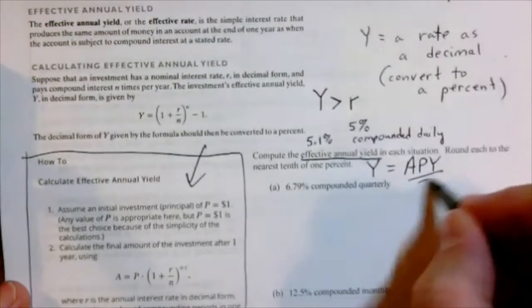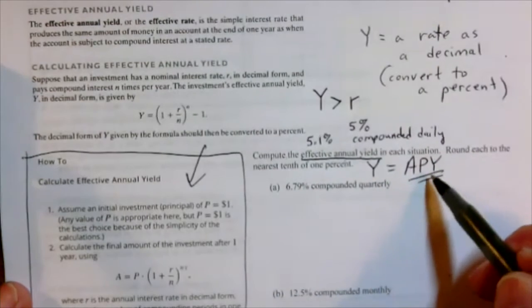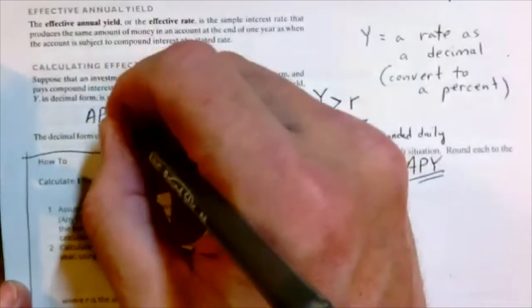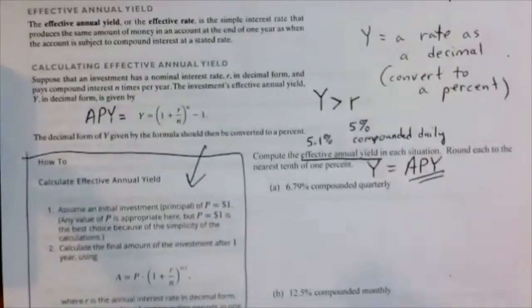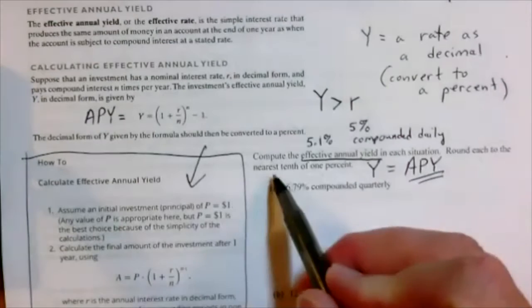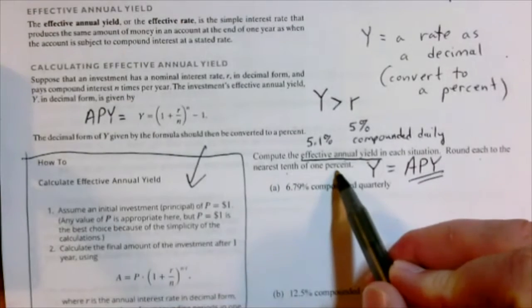So when you see this, don't be surprised. I'm just going to call it Y. Every author has a different way of representing these things. And then they want you to round the percentage to the nearest tenth of 1%.